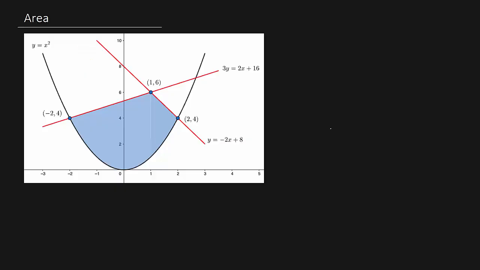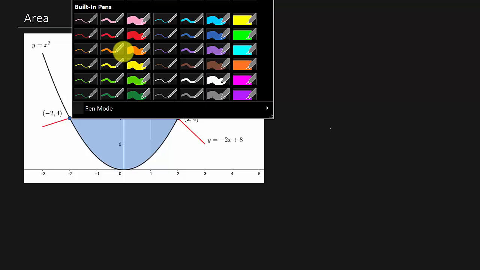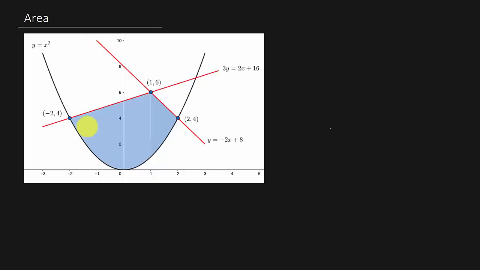So the first thing that we notice here is, let me find a decent color to use here. Maybe this one. All right. So notice whenever you're finding the area between curves, it's the curve on top minus the curve on bottom.